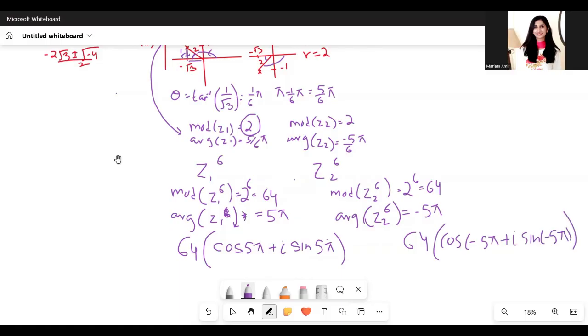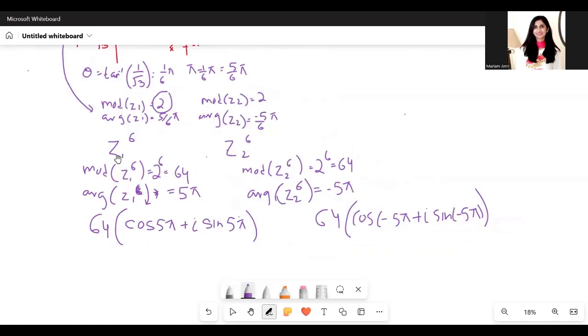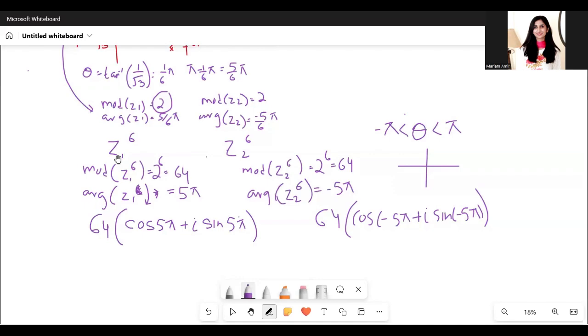Just to be safe, let's change 5 pi into the correct domain. The allowed domain in polar form is minus pi to pi, and 5 pi clearly goes way beyond it. 5 pi in degrees is 5 into 180, that's 900. So 900 means that the angle is taking a couple of round trips. 900 minus 360 is 540, minus another 360 is 180.